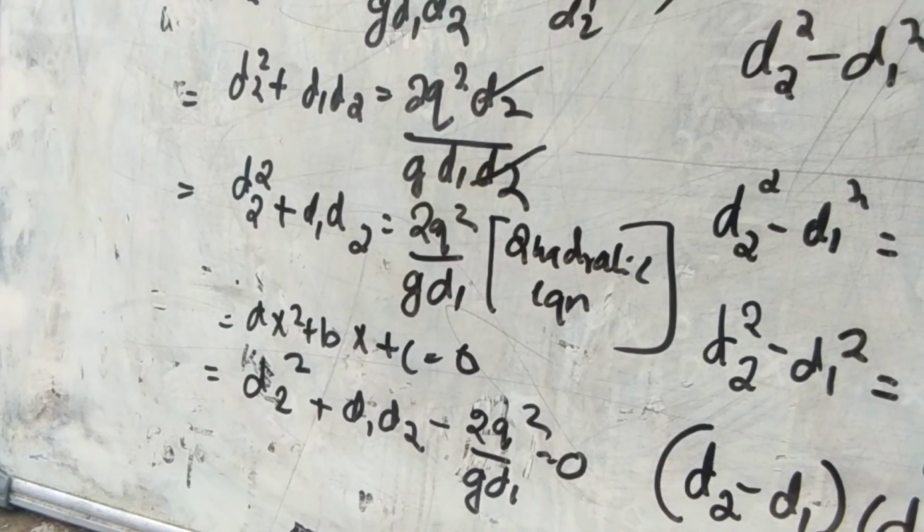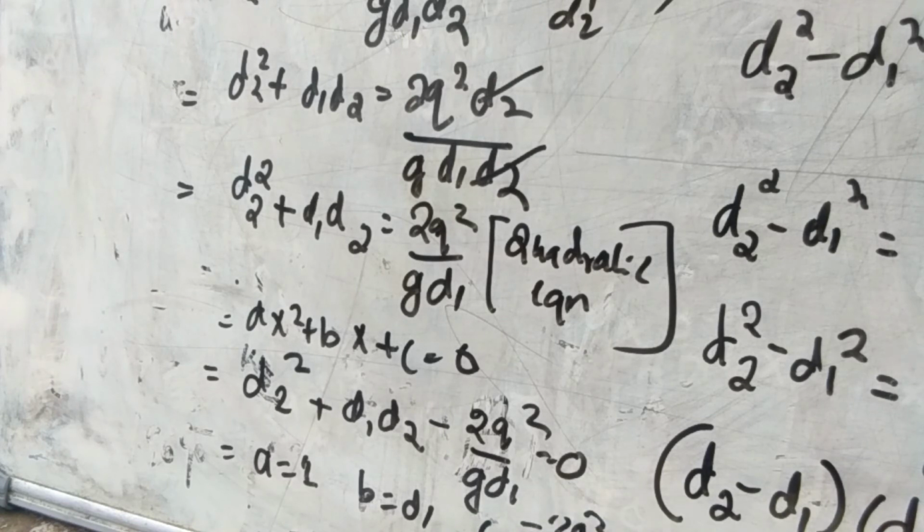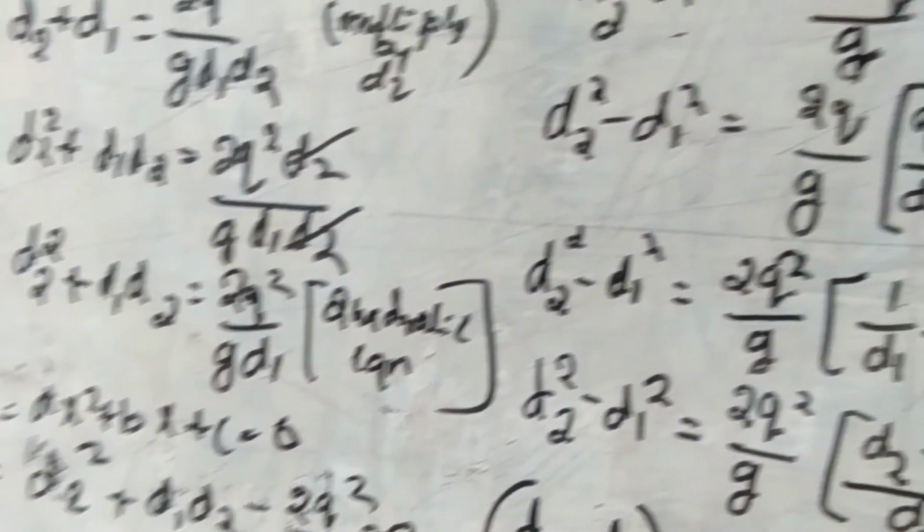Here a is equal to 1, b is equal to d1, and c is equal to minus 2q square by g d1.